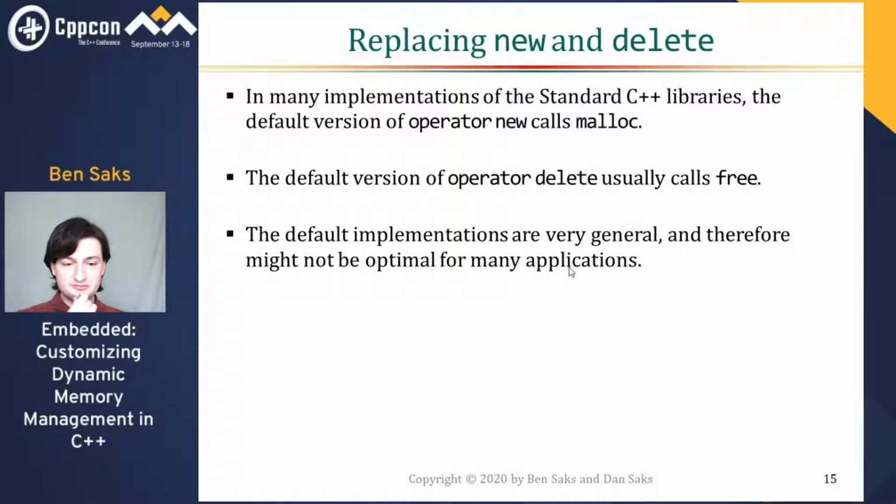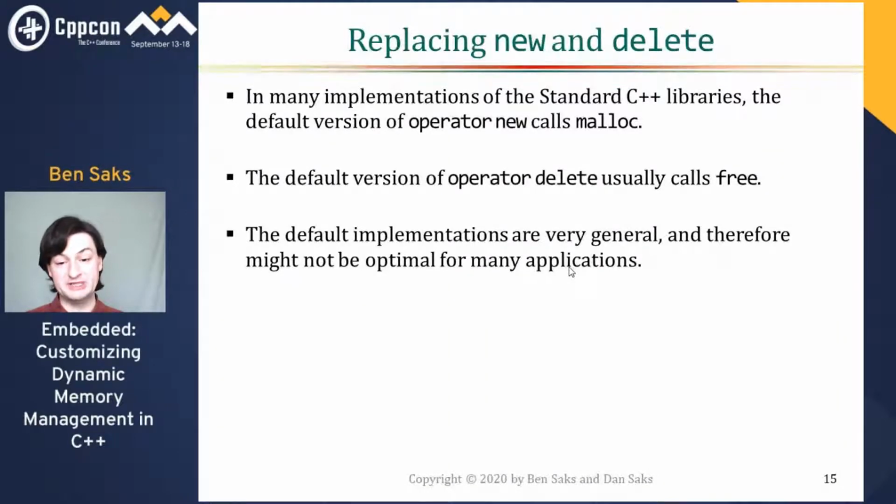Now, in a lot of implementations of C++, operator new will actually call malloc, and similarly, operator delete may very well call free, which means that their performance characteristics are going to be similar in many cases.